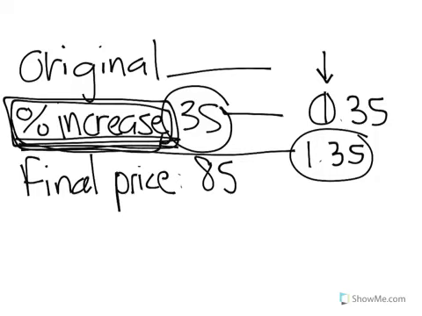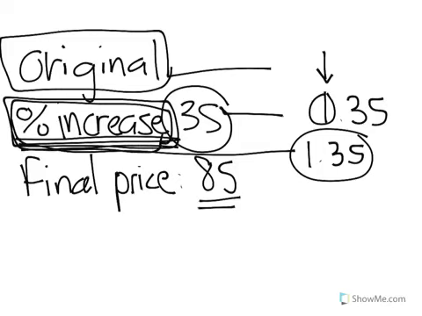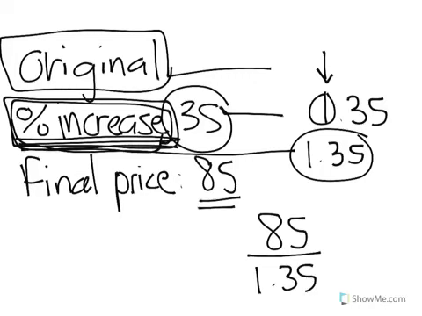Okay? And now the original price to find is very simple. You divide the final price, 85, by 1.35. Okay? And what do you end up with? 85 divided by 1.35 is 62.96.